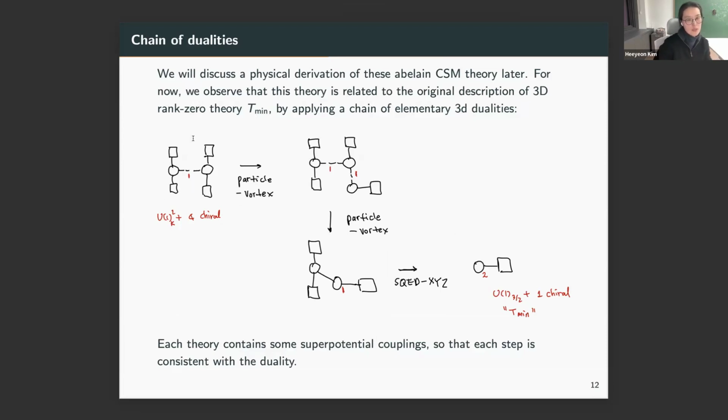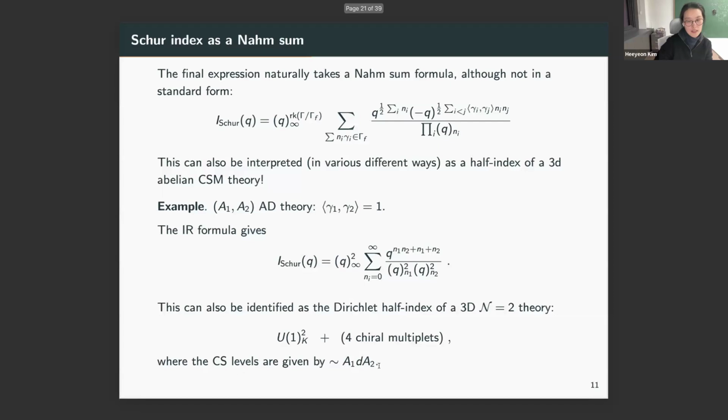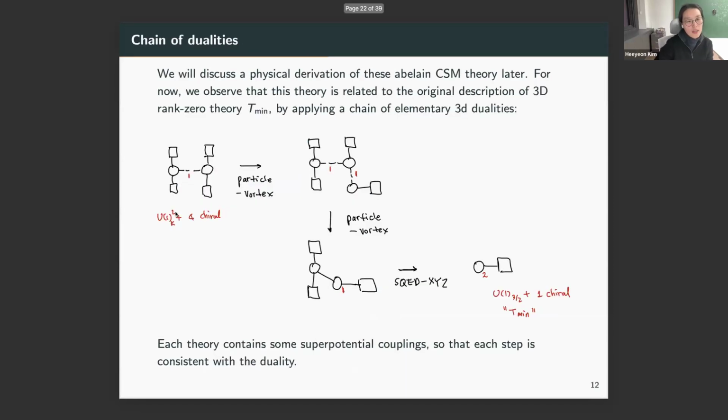For example, this is a description that I just showed you in the previous slide, this one here, where as usual, the circle node is the U(1) gauge node, and this square node is a U(1) flavor node, and these lines are just one chiral multiplet, and this dashed line represents the mixed Chern-Simons level, and this number is just the mixed Chern-Simons level between these two gauge groups.